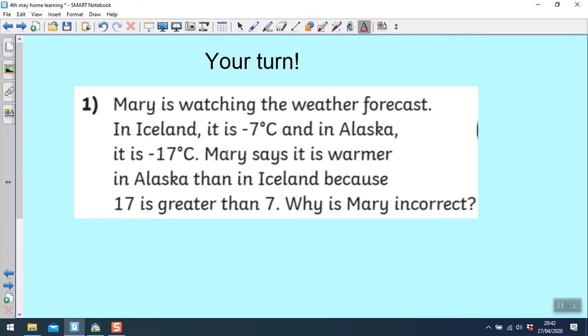So why is Mary incorrect? So yes, 17 is bigger than 7, but negative 17 is smaller than negative 7 because as you get further away from 0 with negative numbers, the numbers are getting smaller. So negative 17 degrees is 17 less than 0, but negative 7 degrees is just 7 less than 0. So negative 7 is warmer than negative 17.